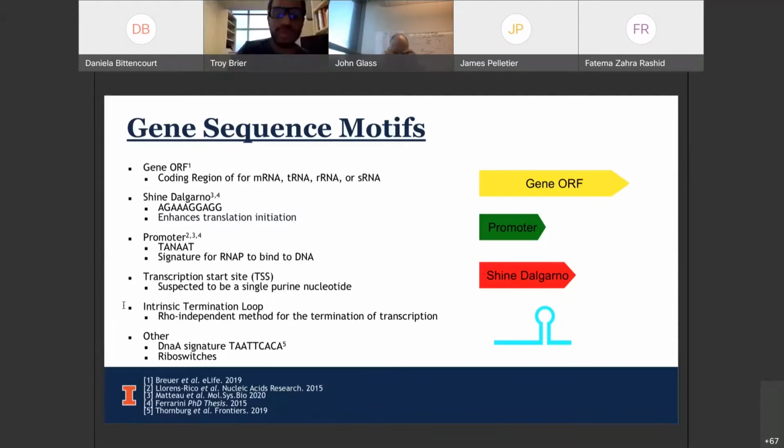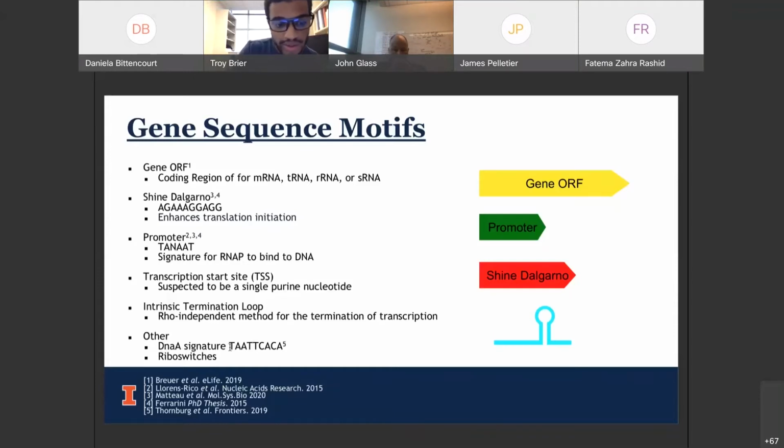In Syn3A and other gram-positive organisms, this motif becomes more relevant because most transcription termination is believed to be Rho independent, so it does not use a protein to terminate transcription. There are also some other sequences that were touched upon. I'm not going to go into these too much during this talk, but examples would be riboswitches, and also the DNA signature, which Zane touched on, which is how replication is regulated or controlled in Syn3A and other related organisms.